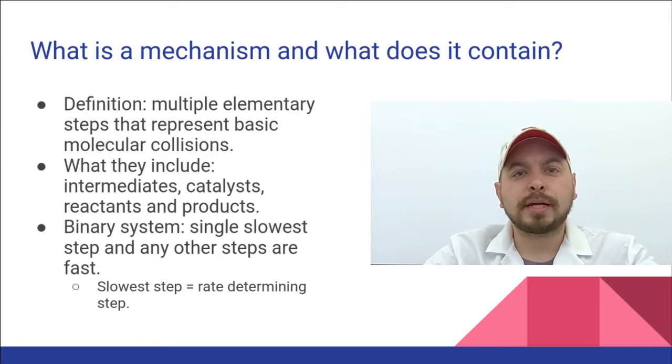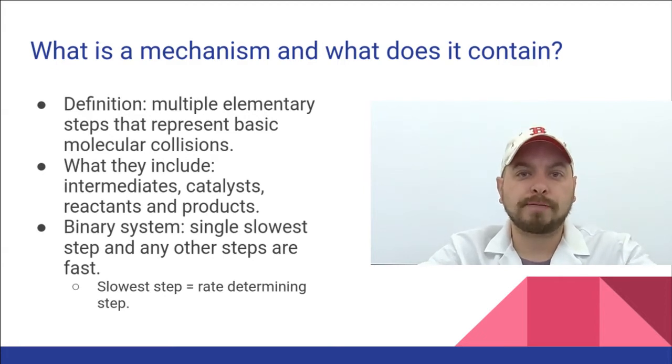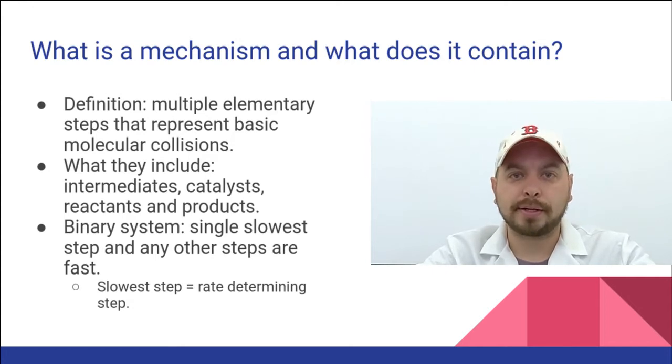And every step which is faster might not be equally faster. Some might be the fastest or faster, but we just call those steps fast. So again, we're going to have a binary system of slow versus fast, even though it's not truly a binary reality.